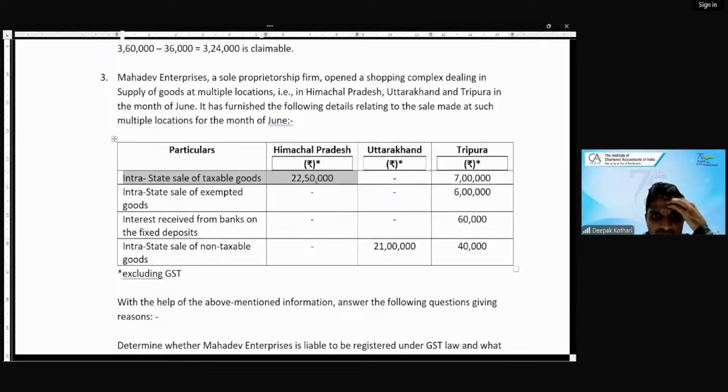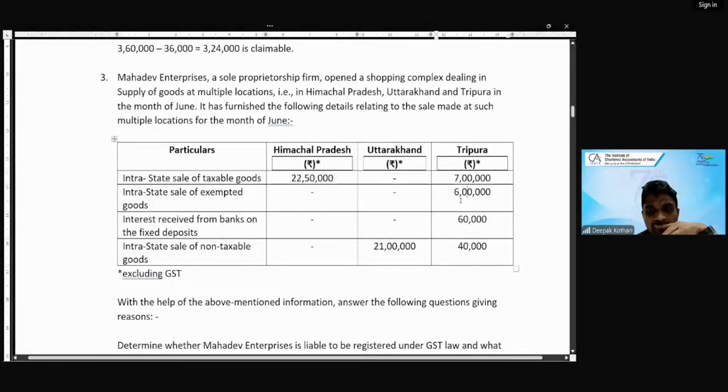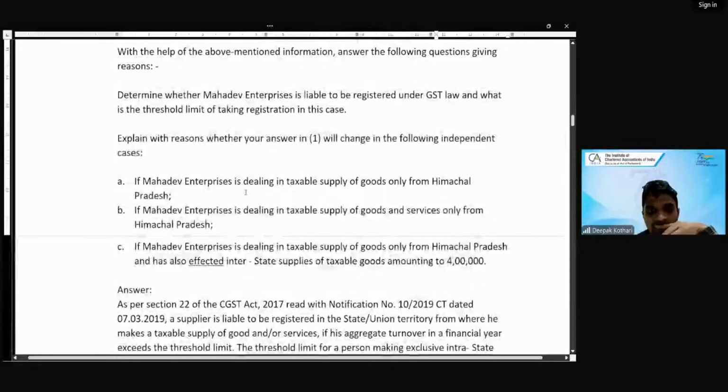क्या है आपका question? I'm not getting your question. सर हेयर कैन वी एज्यूम कि त्रिपुरा से सारी एग्जम्प्ट सप्लाईज हो रही हैं बिकॉज क्वेश्चन में लिखे कि टैक्सेबल सप्लाई हिमाचल प्रदेश से हो रही हैं.